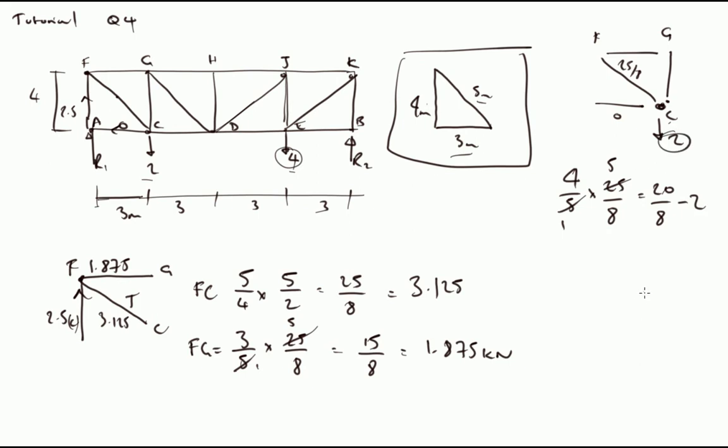So 20 divided by 8 minus 2 gives me, let's divide that by 4, so I get 5/2 minus 2. 5/2 minus 2 is 2.5 minus 2, which equals 0.5 kilonewtons.